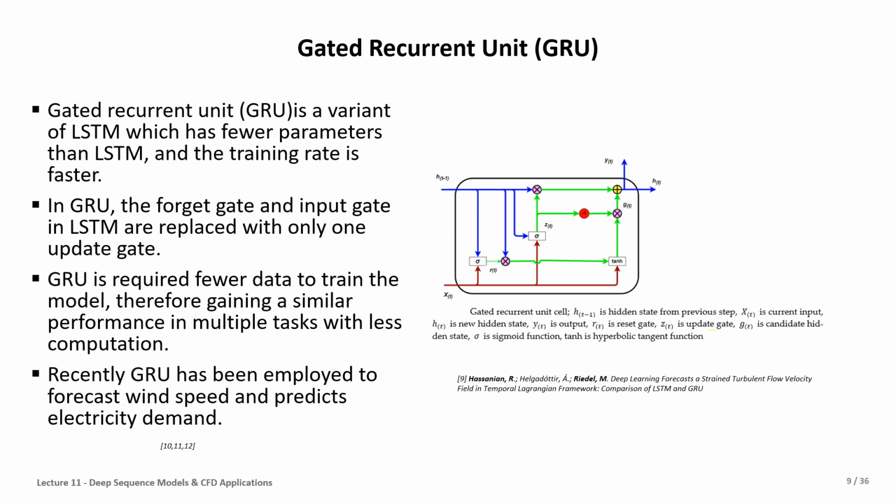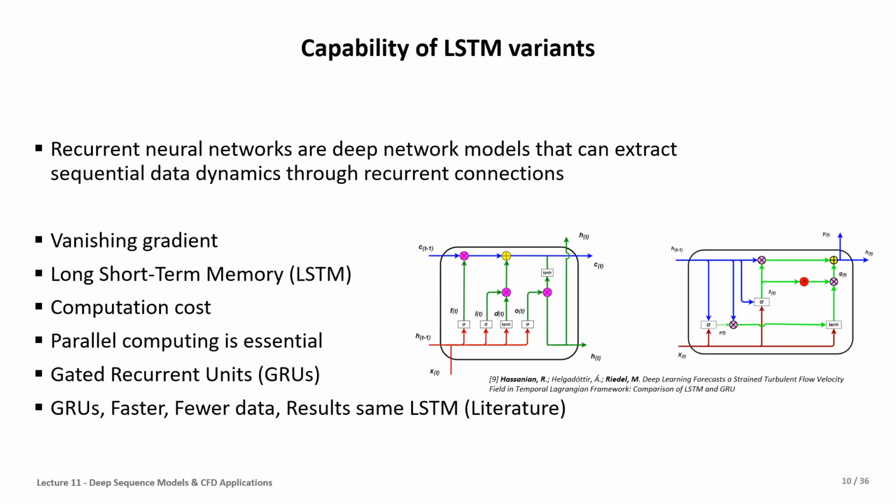So from the recurrent neural network, LSTM is one of the options that we can use for long periods of time series data, and the GRU variant is able to speed up, maybe, and provide the same result as the LSTM. If we want to summarize the capability of the LSTM variants, we can say it deals with the vanishing gradient and resolves it.